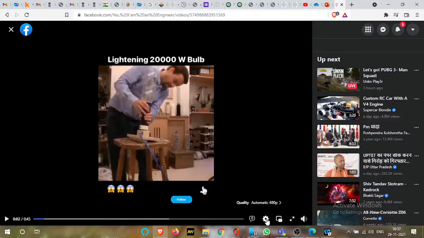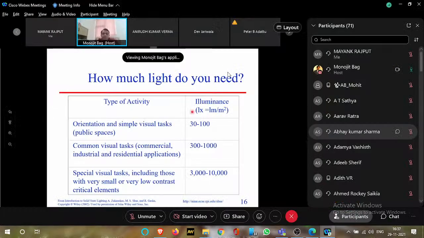Normally in a public space, where people are just roaming around, you don't need very bright intensity. You need only a very small illuminance, maybe 30 to 100 lux, right? But if you are working in residential, industrial or commercial areas, you sometimes need brighter light, maybe 300 to 1000 lumen per meter square, or 300 to 1000 lux.